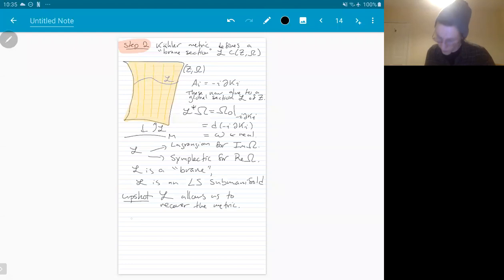Or another way of saying it is that it encodes the metric. L encodes G, and it gives a global meaning for the Kähler potential.